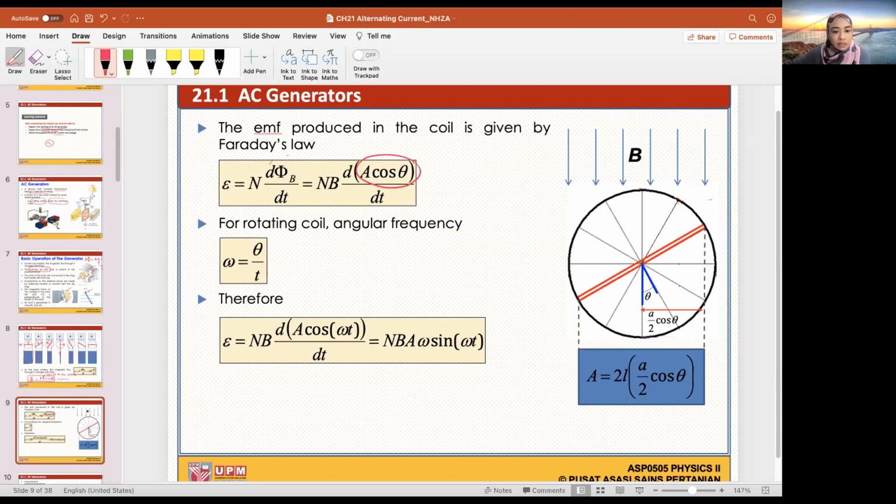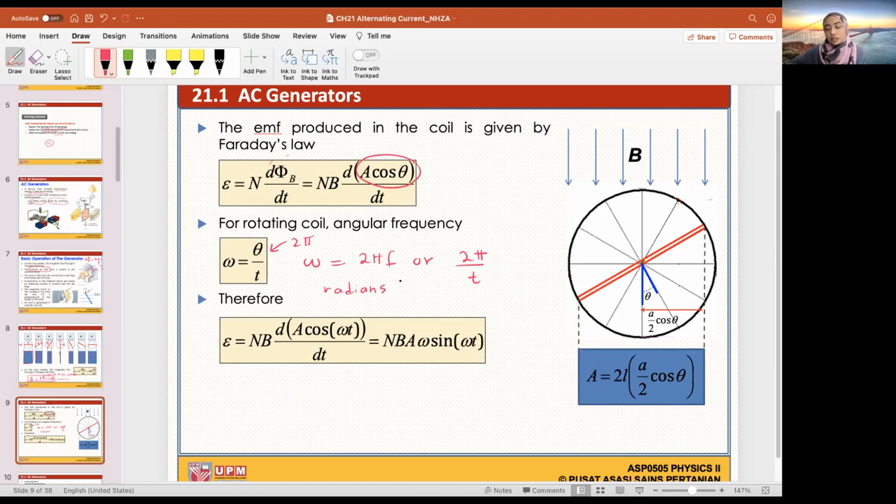So let's define omega. Omega is angular frequency. You've seen this one before. Omega is also equal to 2 pi f or 2 pi over T or theta over t. For a full circle, theta is 2 pi, in radians.